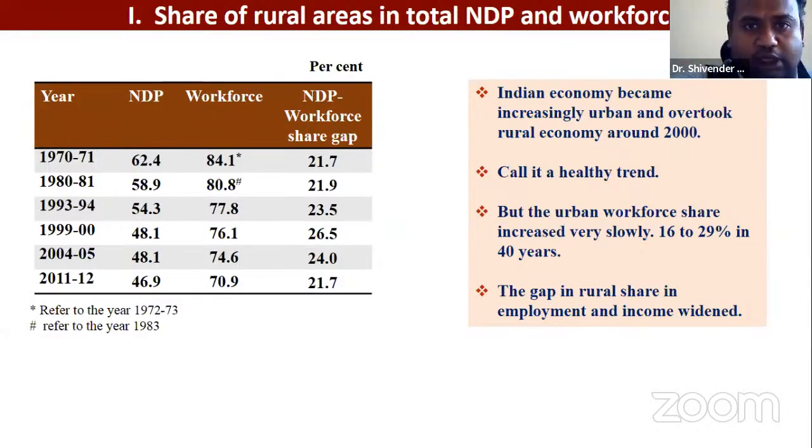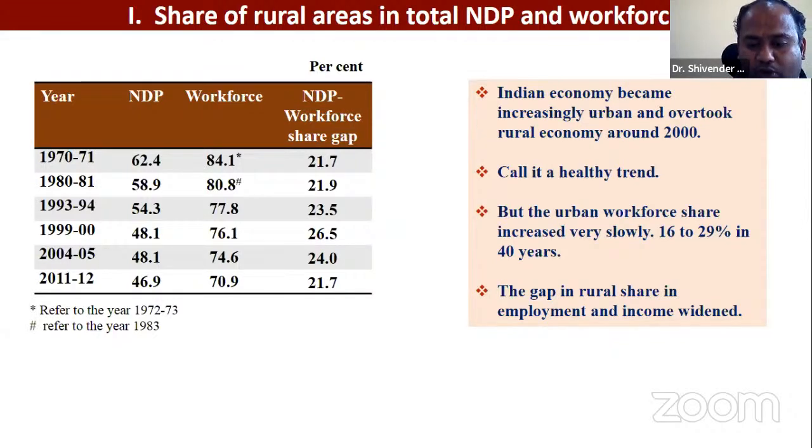Why I have taken data only up to the year 2011: the National Accounts Statistics publishes net domestic product by rural and urban also, but the base year has changed. The most recent base year for current or constant prices is 2011-12.